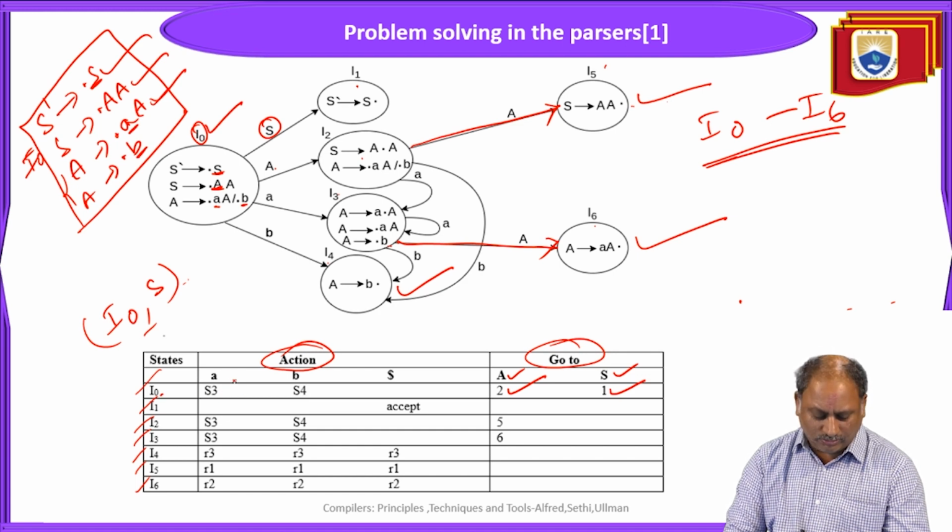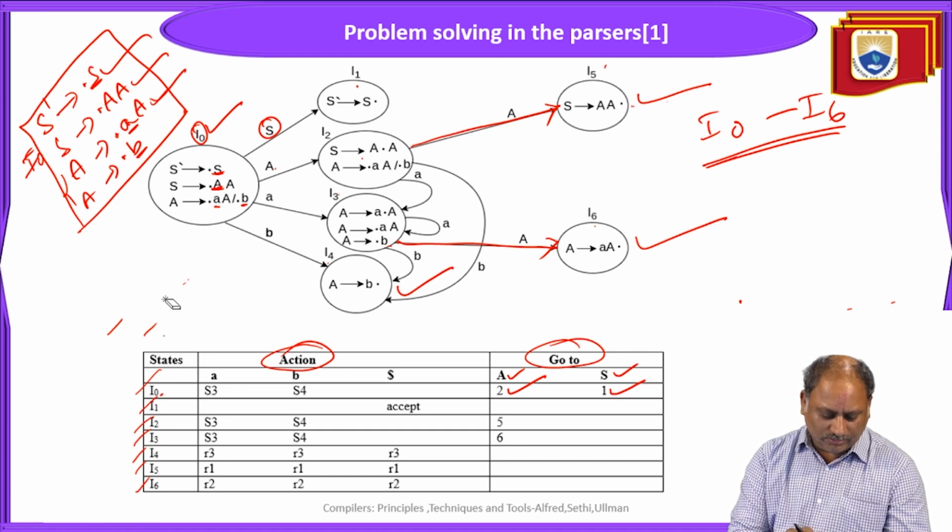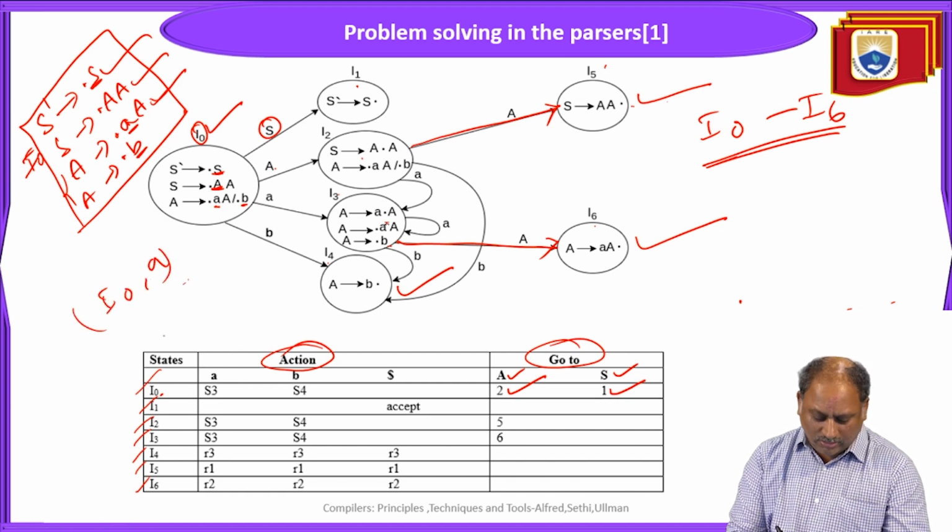So I naught with small a, like terminals, we have reached the state where we are going to write a shift, because this is a shift S3. Now small b is also a shift, S4. So these two give state 4. Remaining, I1 also. Here I1 is the last end state.